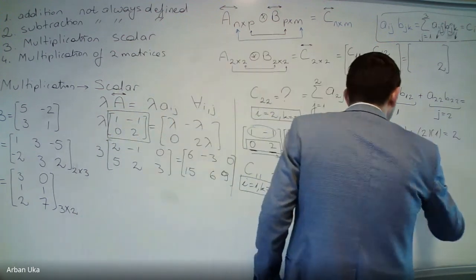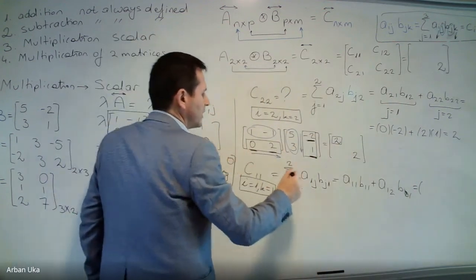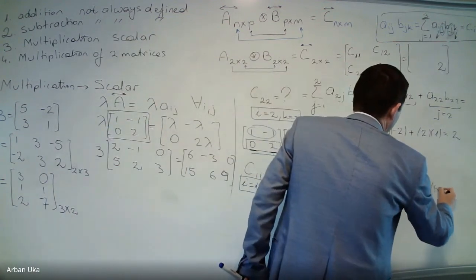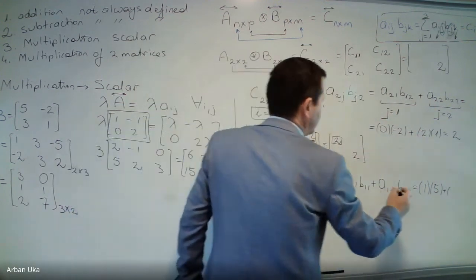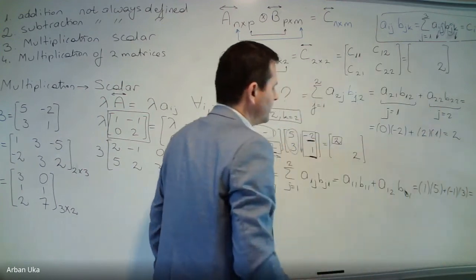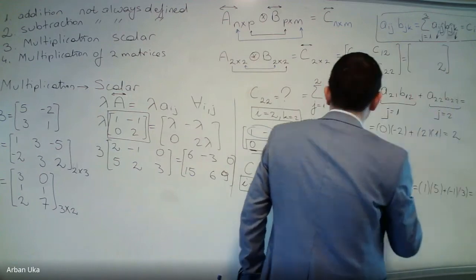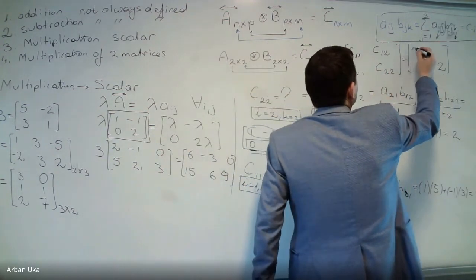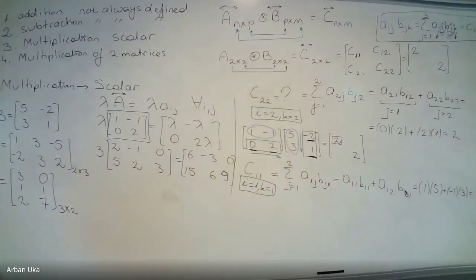So this one will be equal to A11 B11, 1 times 5, plus minus 1 times 3. So we get 5 minus 3, we get 2. Separately, we get 2. So we can put here 2, here 2. Okay. So this is how the multiplication is done.